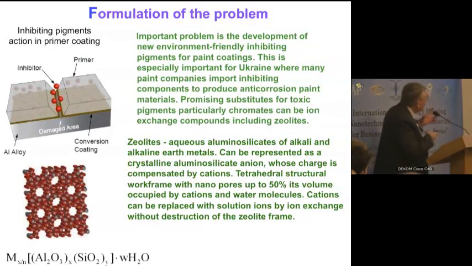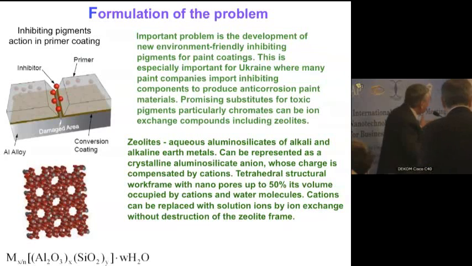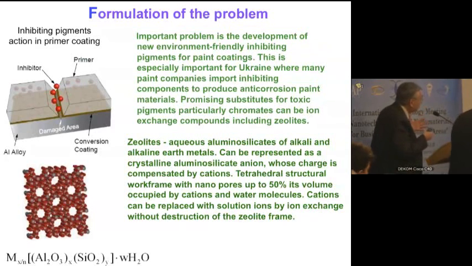So this has a nanoporous structure and very well developed surface. It has a very positive factor. It has a much more developed surface, and it enables it to take more cations during the cation-ion exchange.